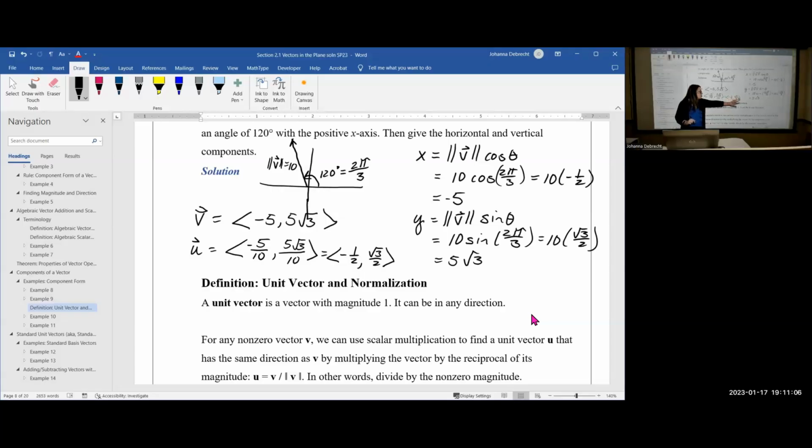Square the square root of 3 over 2 to get 3/4. 1/4 plus 3/4 is 4/4, which is 1, and the square root of 1 is 1. So this vector is of length 1. So you just took the vector and divided by the magnitude of it. And that makes the vector point in the same direction, but only have length of 1.